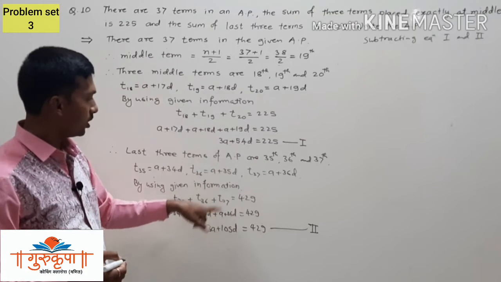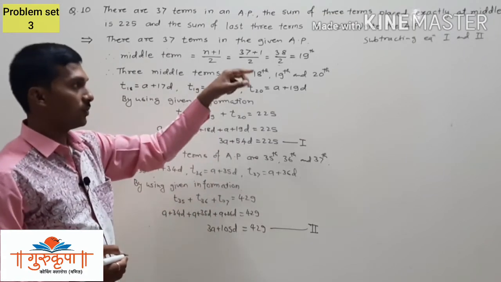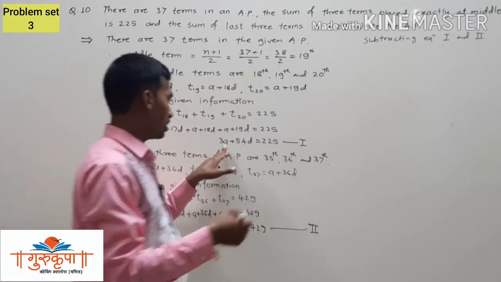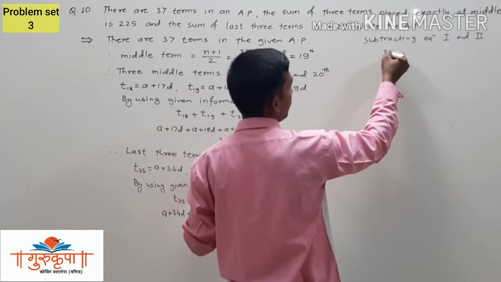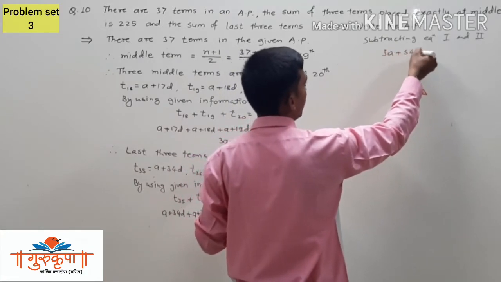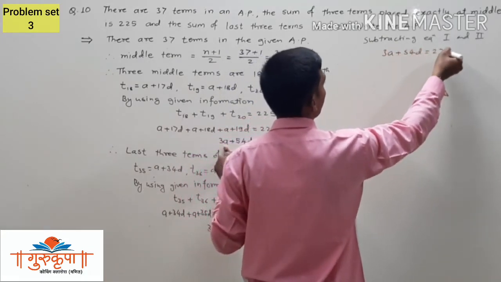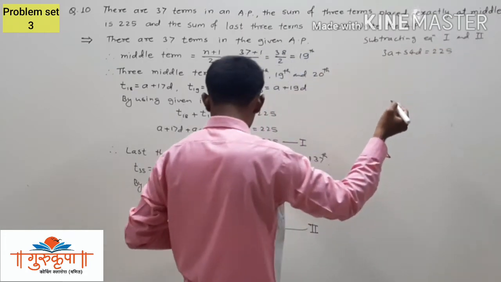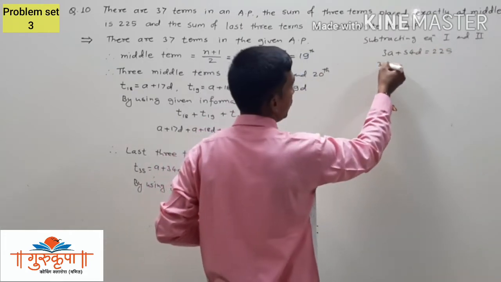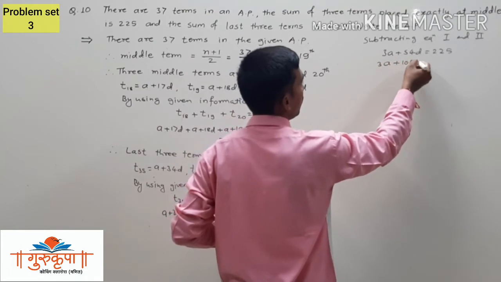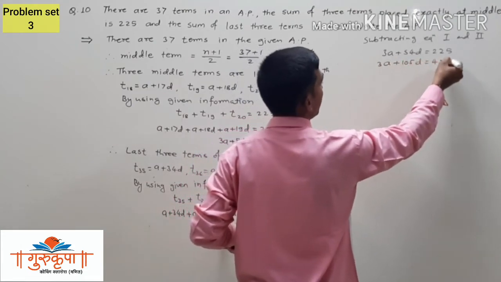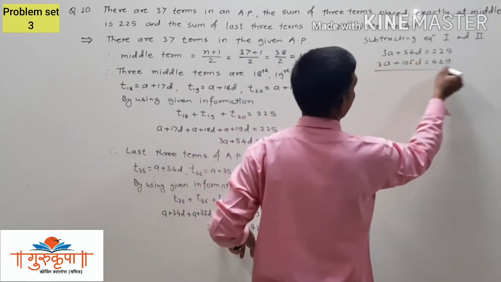We write any one equation first and then the other equation. So this is 3A plus 54D is equal to 225, equation 1. Then 3A plus 105D is equal to 429, that is the second linear equation in two variables.